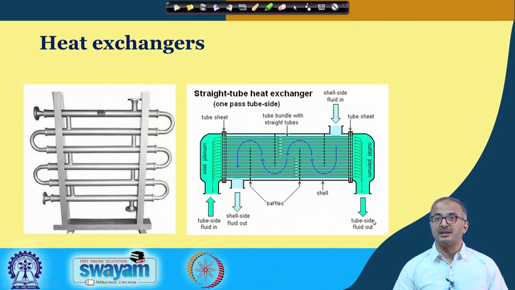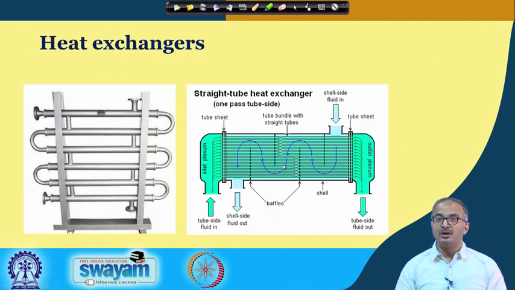So, overall it looks like a counter current flow. But if you look inside, you can see that this tube is going like this and the fluid is passing like this. If you follow this particular path, it is something like a cross flow. So, overall it is counter current flow, but within this you can see something like cross flow happening.